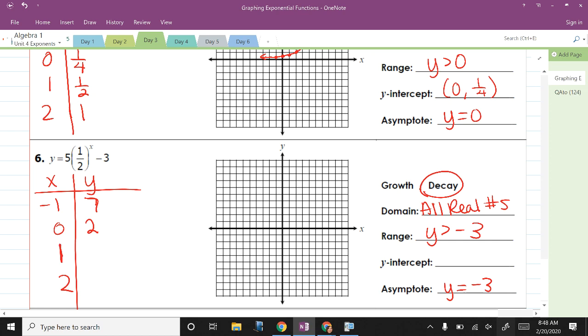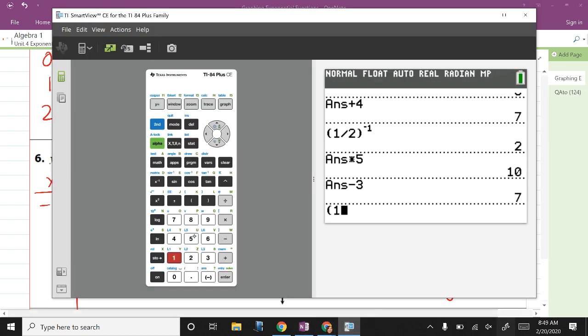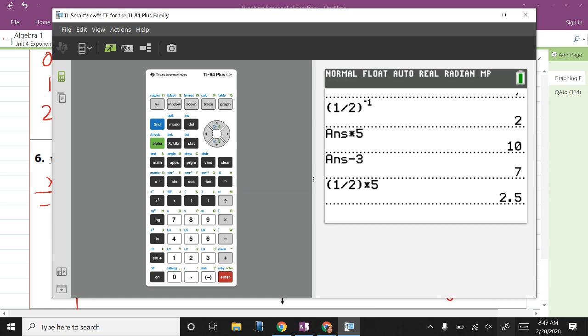A half to the first power is a half, right? 5 times a half is 2.5, right? 2.5 minus 3 is -1/2. Y'all agree? If you don't believe me, check the calculator. So 1/2 times 5, 2.5 minus 3 is -1/2.